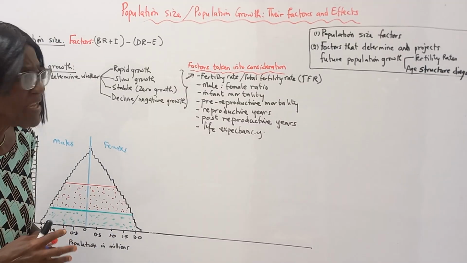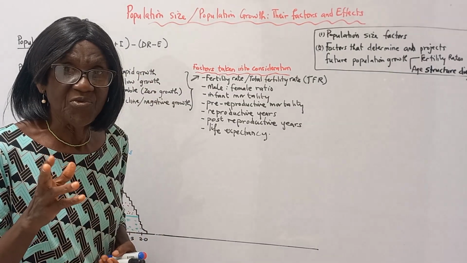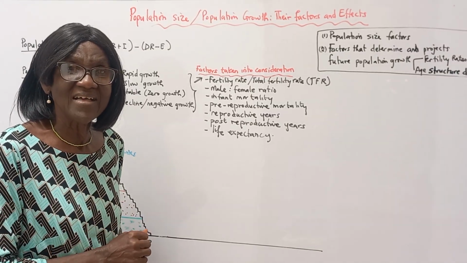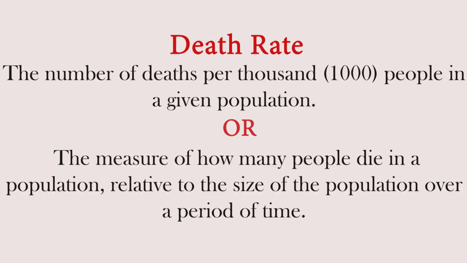Now, let's explain some of the factors quickly. Birth rate and fertility rates we discussed in our last lesson on factors that determine growth, so please check. Death rate is the number of deaths per 1,000 people in a given population, or the measure of how many people die in the population relative to the size of the population over a period of time.